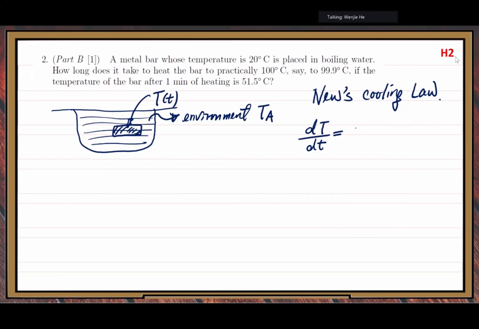We need a constant K, and then we use the boiling water temperature T sub A minus T. In this way, we know this is positive, greater than 0.